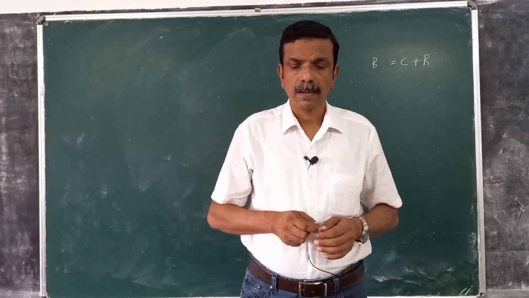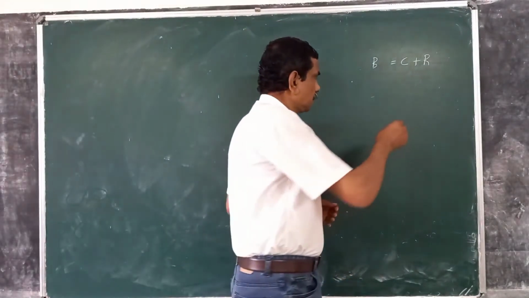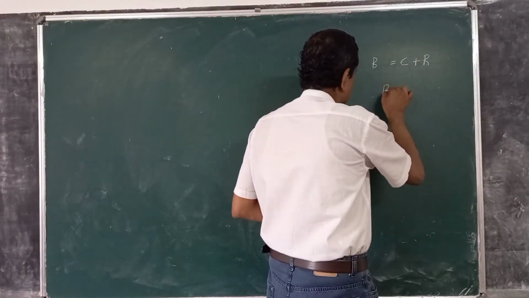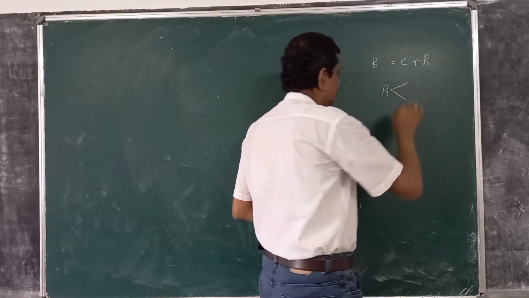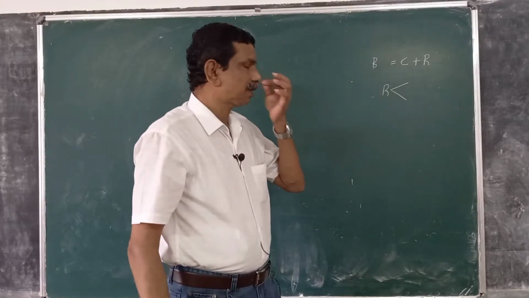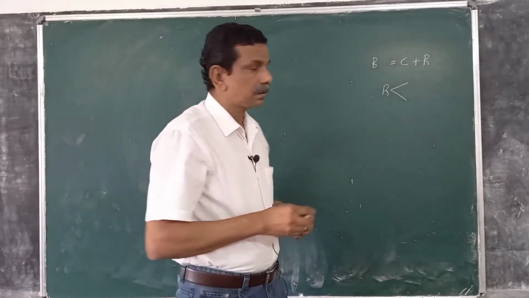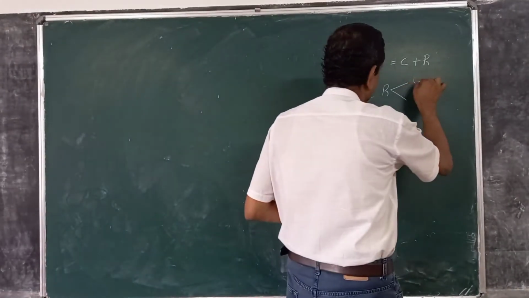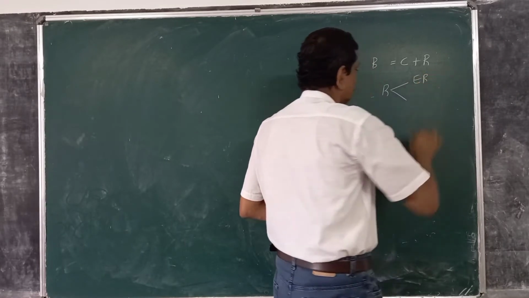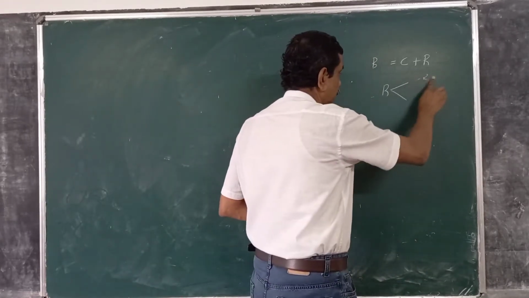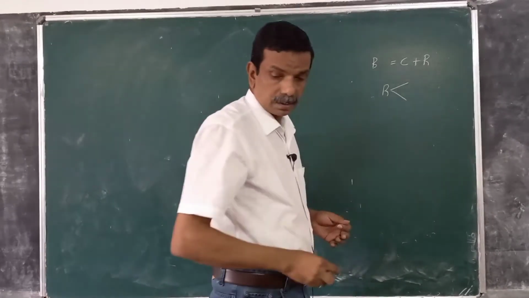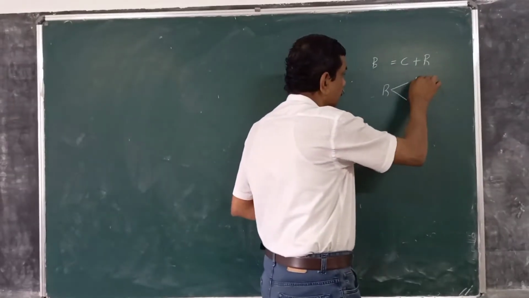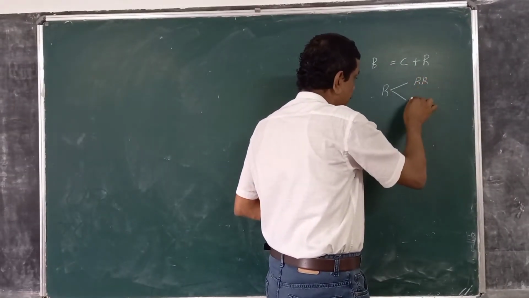And now we consider reserves as consisting of two parts. One is the required reserve, denoted by RR, and the other one is the excess reserve, ER.